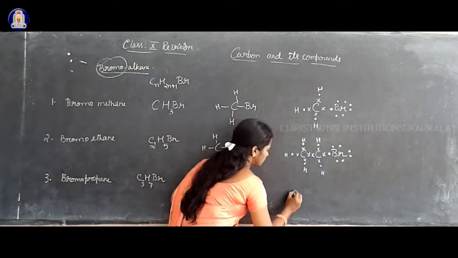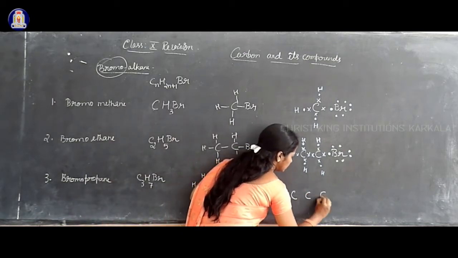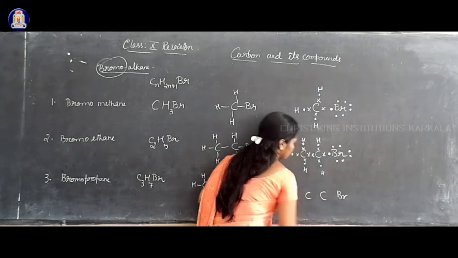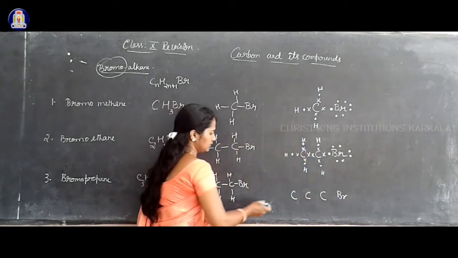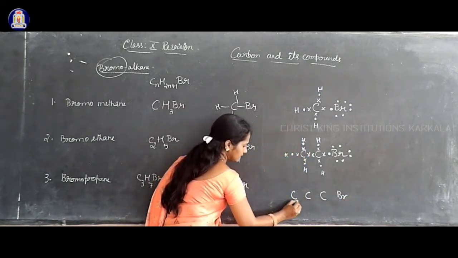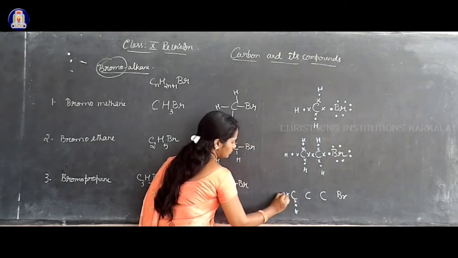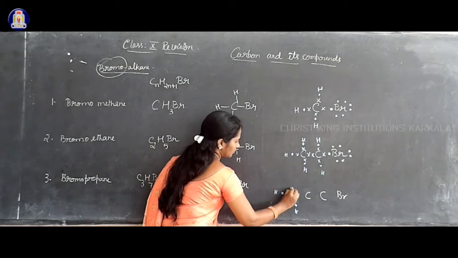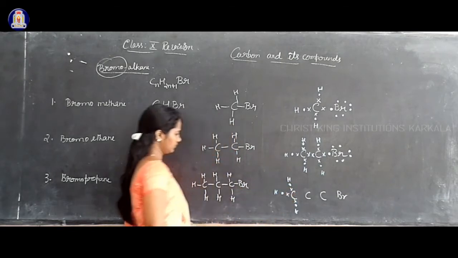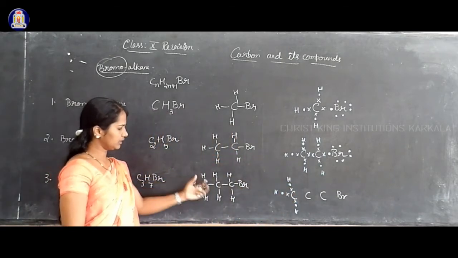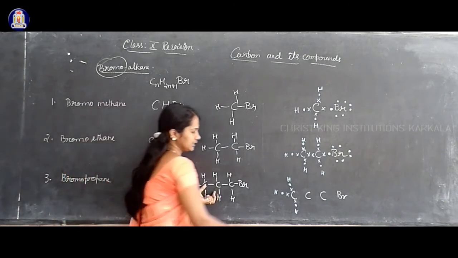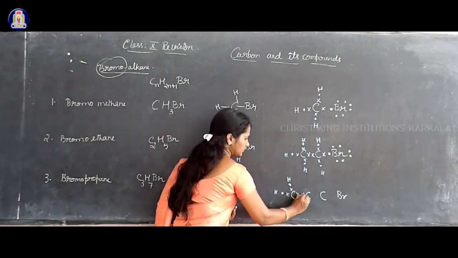Electron dot structure: C, C, C, Br. To complete the electrons, we complete the valency with dot H, dot H, dot H. These 3 hydrogens are completed. Now between carbon, single bond, 2 electrons.